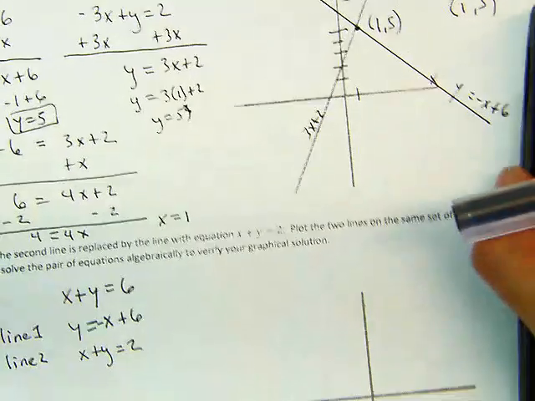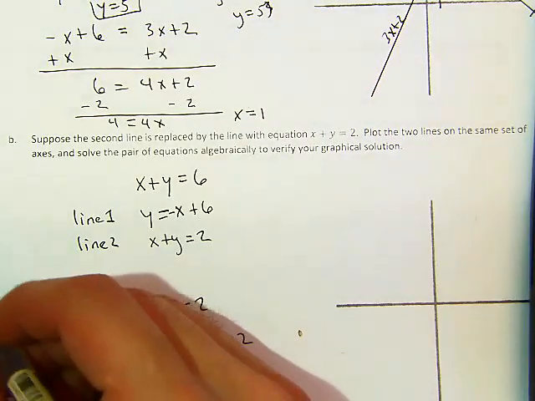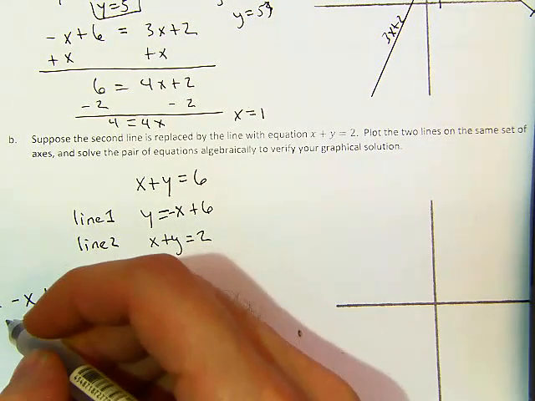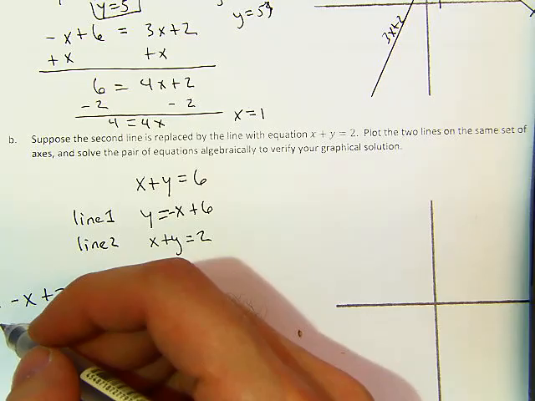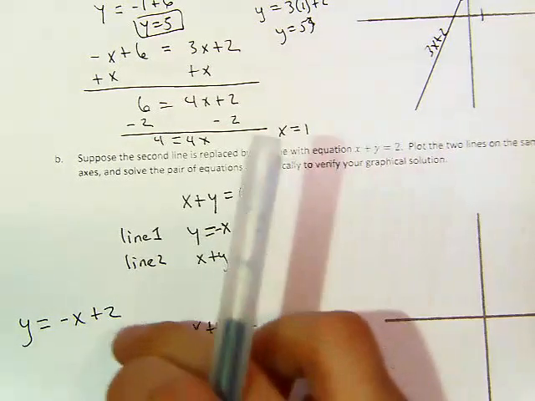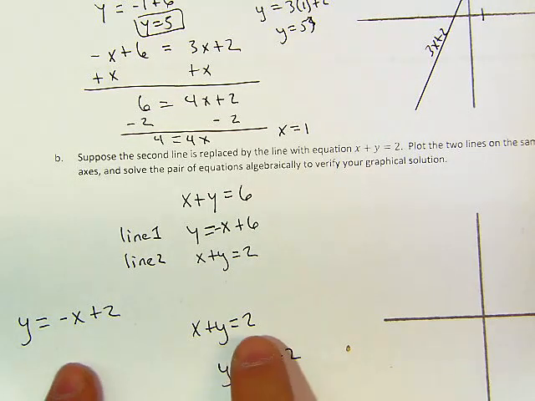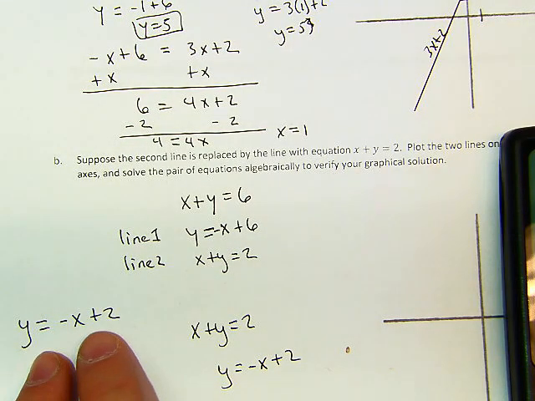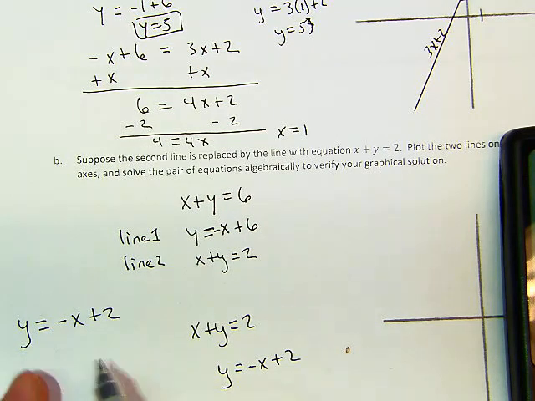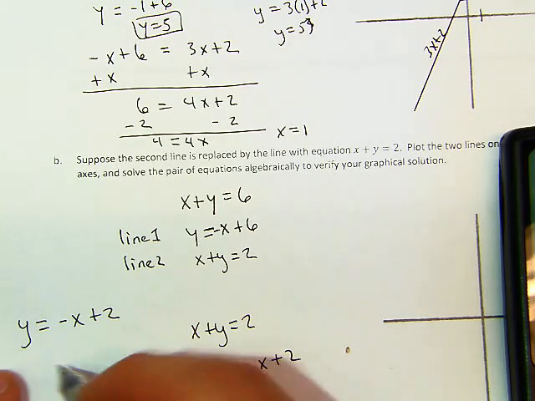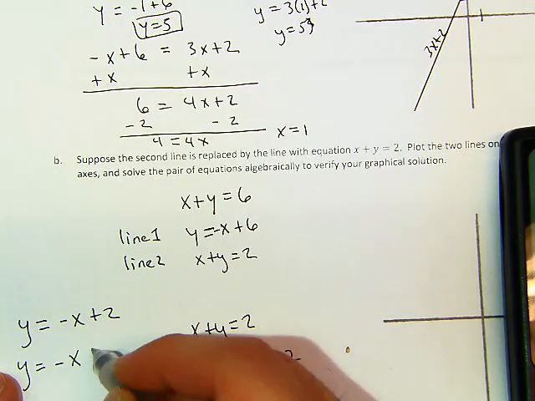So what if you were given a system of equations? Okay, so going back to this. If we were to say, let's solve this system of equations, right? y is equal to negative x plus 2 and y is equal to negative x plus 6.